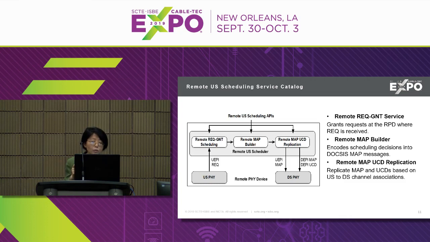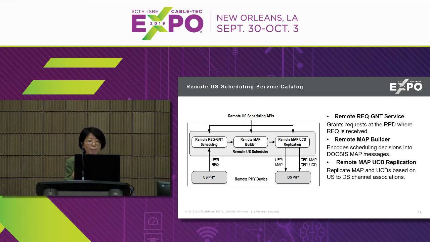The third one is remote map UCD replication. As we all know, in a MAC domain, the map message may need to be carried on multiple primary downstream channels. This one, map UCD replication, used to be a core functionality. Guess what? The memory copy actually takes a lot of CPU cycles.